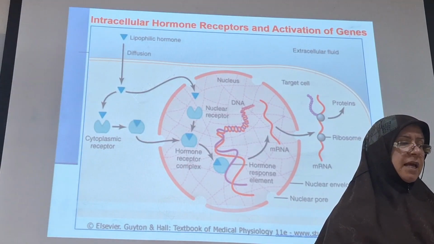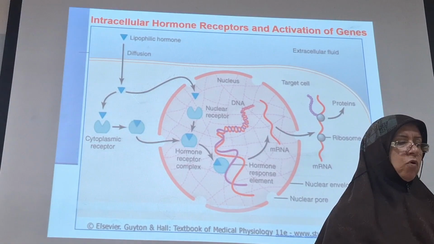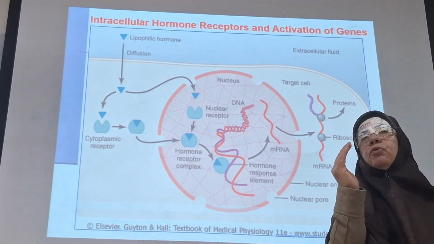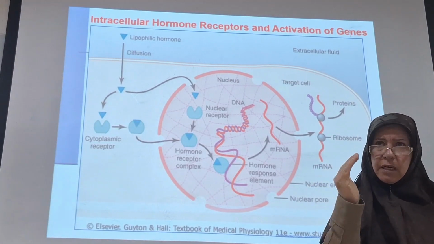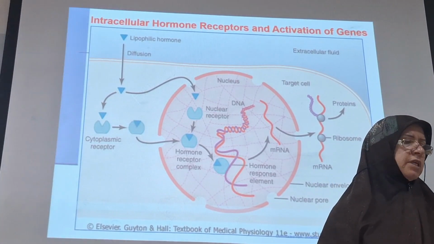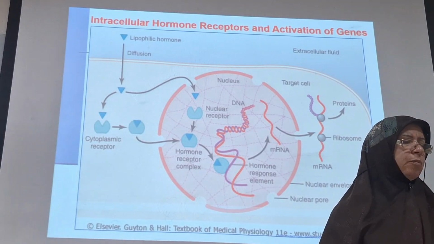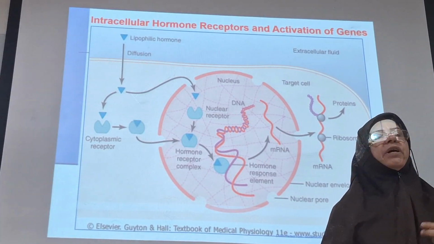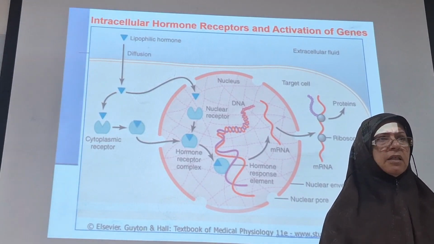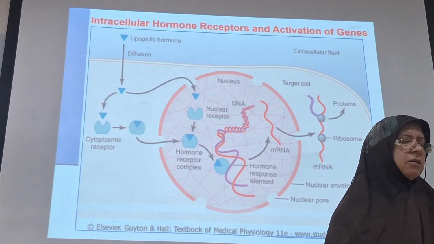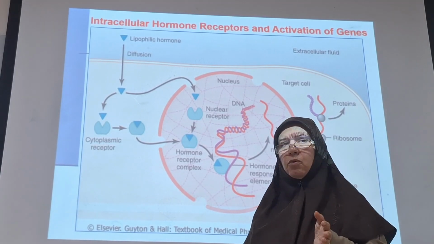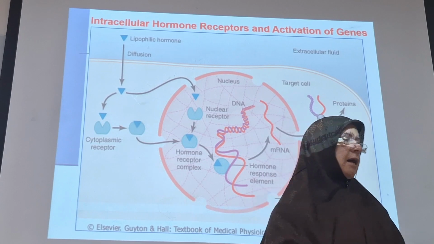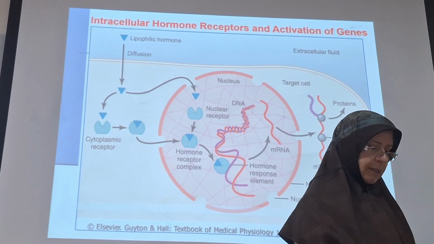Here you see DNA. In DNA we have a hormone response element close to the promoter of the gene. The receptor binds here and changes transcription, maybe increasing or decreasing transcription, thus increasing or decreasing messenger RNA, and finally increasing or decreasing protein synthesis, which leads to the response.